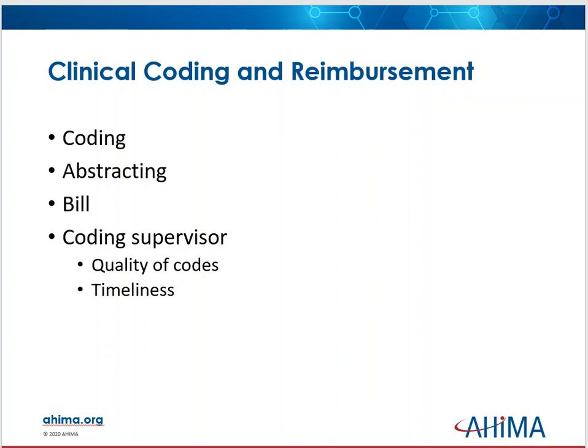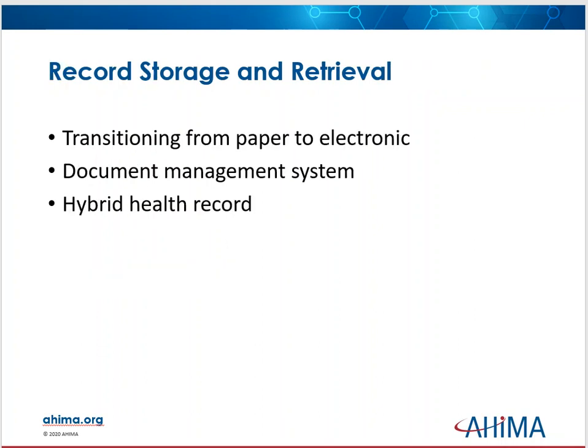You also might be abstracting certain information and entering that in an electronic health record. Then, with this information, billing the health plan or the patient, and there too, there is a coding supervisor monitoring the quality of codes, the consistency, as well as the timeliness.